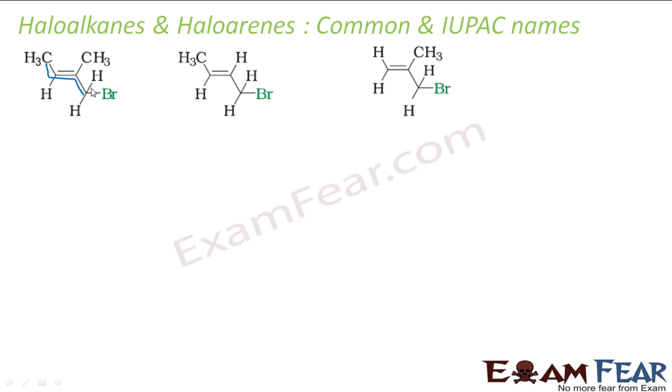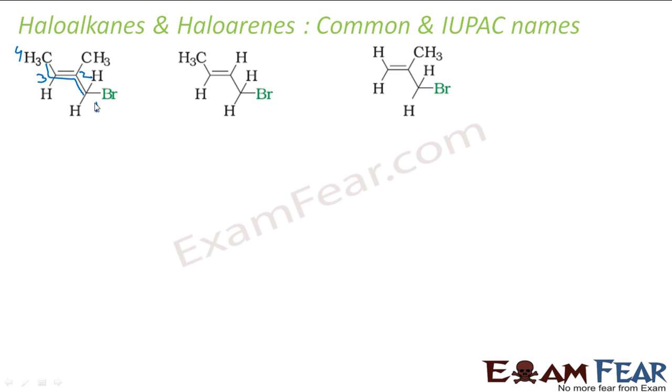So that is okay. But if you number in this fashion, 1, 2, 3, 4, my bromine gets the first position, that is good. If I number 1, 2, 3, 4 in the reverse fashion, bromine gets the fourth position, that is bad. So in both cases my double bond gets the same number, so the double bond criterion is gone now. So we'll go by the criterion of lowest number for bromine here. So it will be 1, 2, 3, 4.